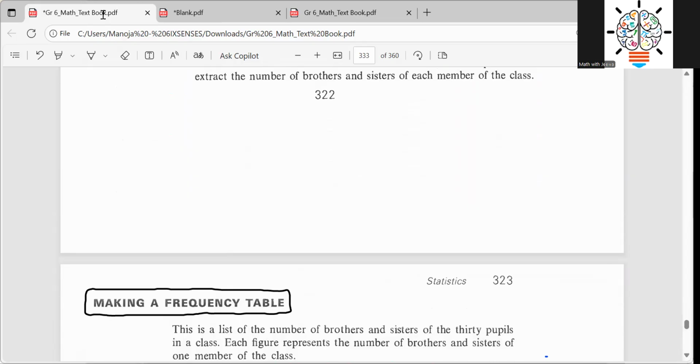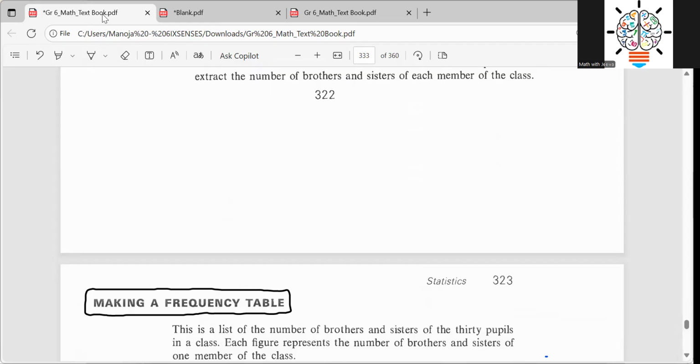Let's say that in that class we distributed the forms, and we have 30 pupils in the class. And we ask them how many brothers and sisters they have. Different students might have written different answers based on the number of brothers and sisters they have. So then we do have the data.